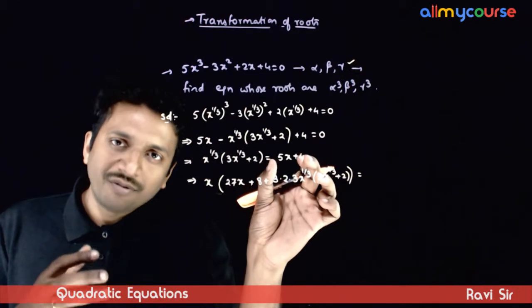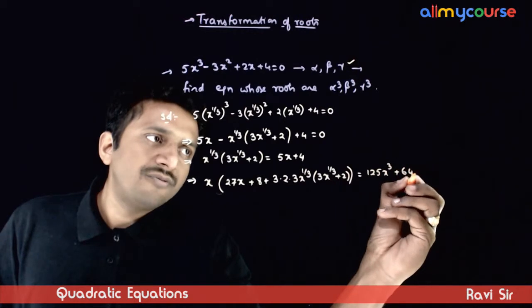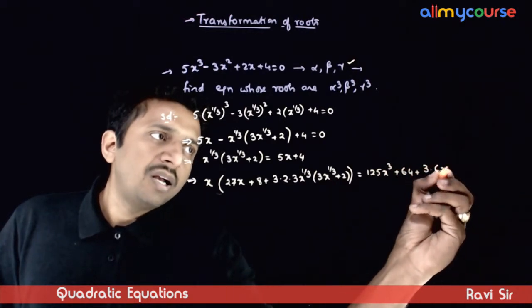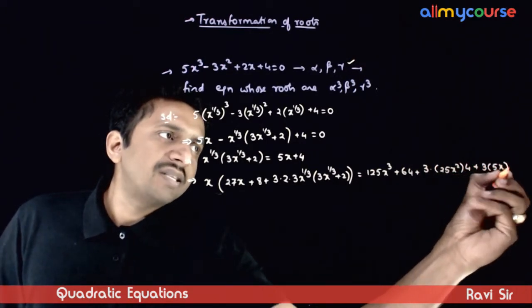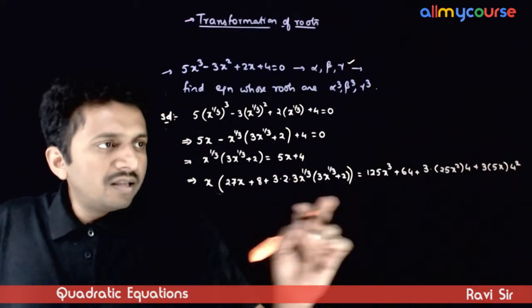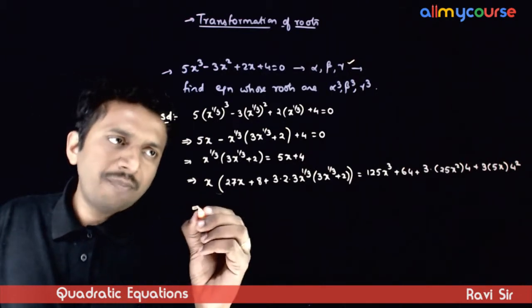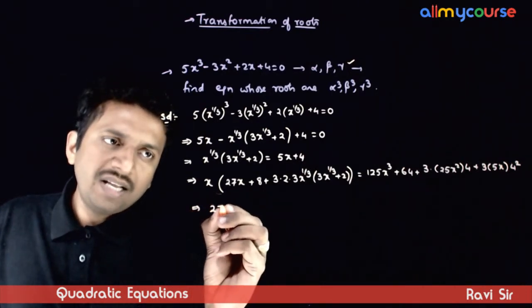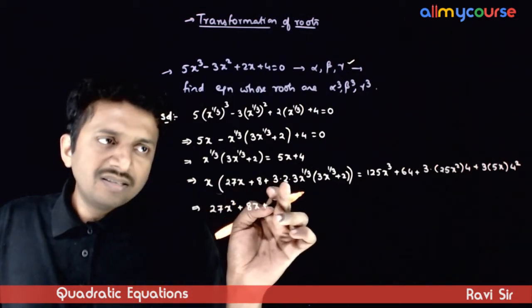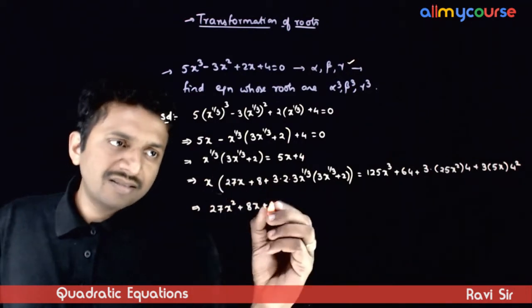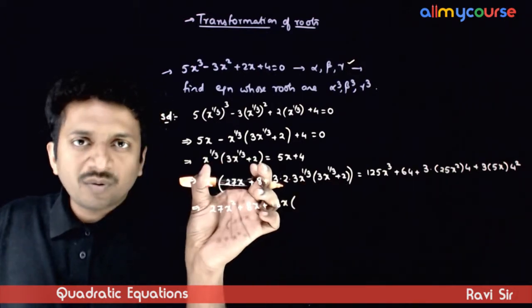Again, this is also of the form (a + b)³. So you get 125x³ + 64 + 3 times 25x² times 4 + 3 times 5x times 4², using a³ + b³ + 3a²b + 3ab². So this implies 27x² + 8x + 6 into 3, that is 18x times x^(1/3) times (3x^(1/3) + 2).